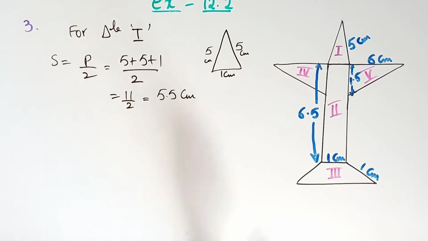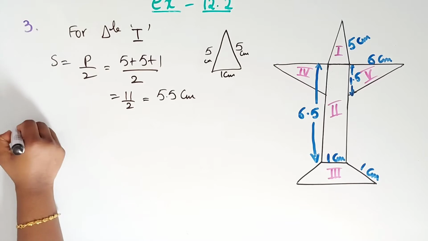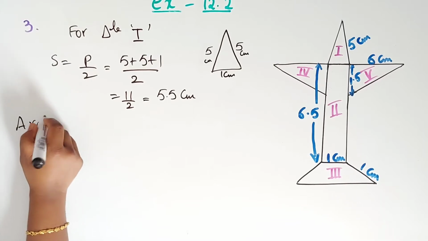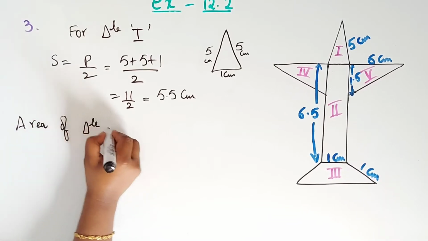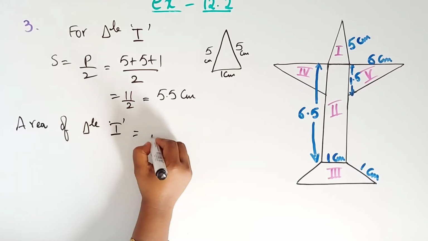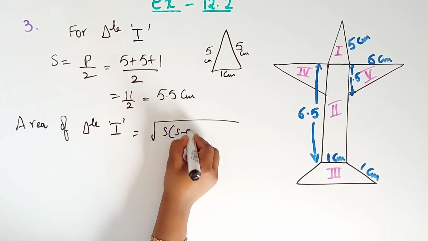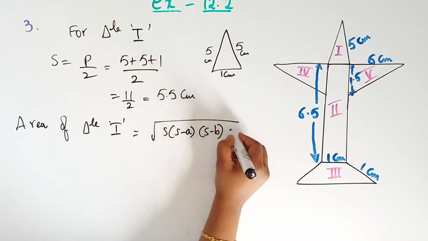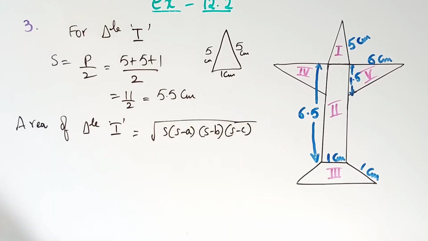Now we can find out this triangle first part area by using Heron's formula. So area of triangle 1 equal to root of S into S minus A into S minus B into S minus C, children. Here we know S value, that is 5.5.